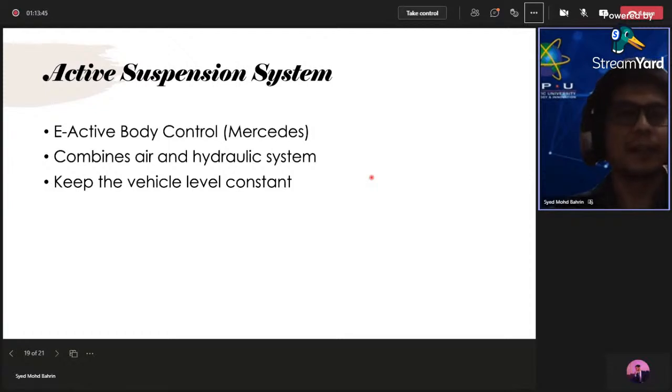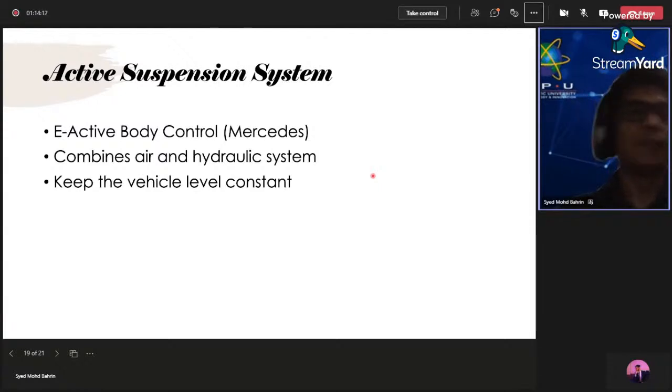Say, for example, during normal driving you want the front suspension to move up by 5 centimeters and the rear to go down by 3, meaning your car is tilted like this throughout the journey. You can do that, apart from it being automatically controlled by the control system itself. So you can also do it manually.